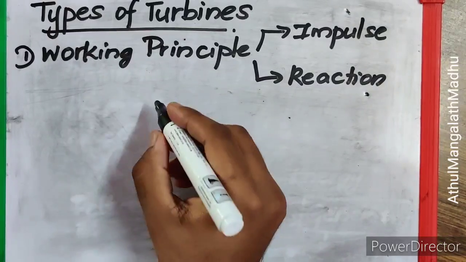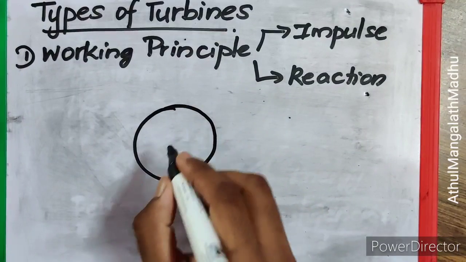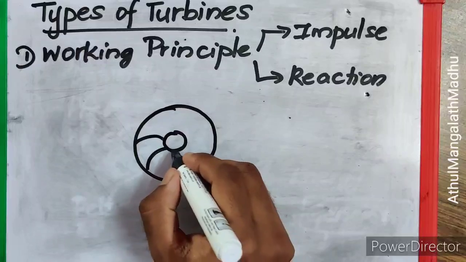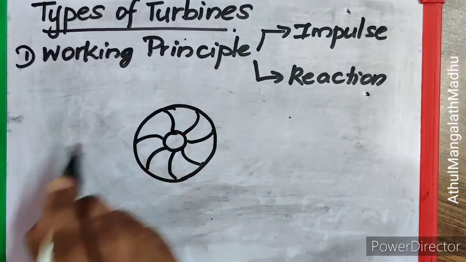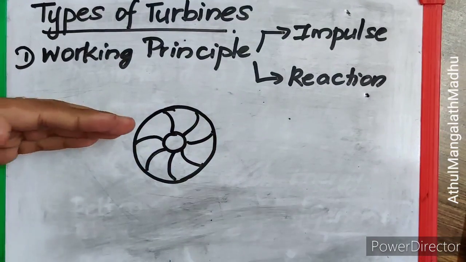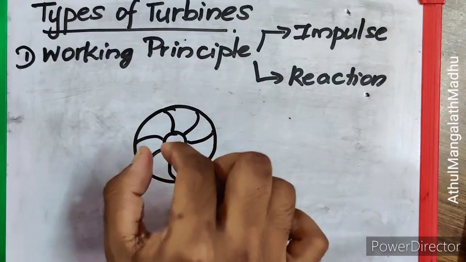Now coming to the reaction turbine, here also you have a rotating part, but here we don't have any bucket-like things. We have some vanes like this, through which water is allowed to either radially get in or radially get out. If you have radially inward flow, the water enters from the periphery and comes out from the center.